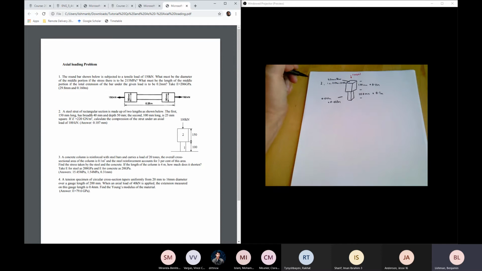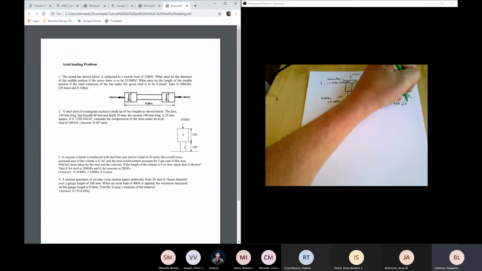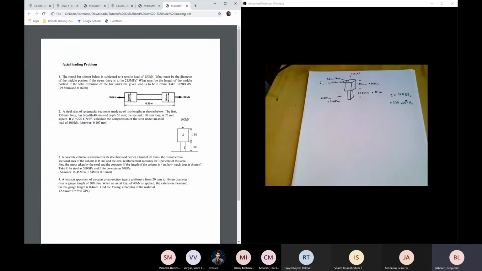Good. So we've got most of the information we need, and Young's modulus is 220 gigapascals, which is 220 times 10 to the 9 pascals. And if I look like I'm about to use the wrong Young's modulus, shout at me.